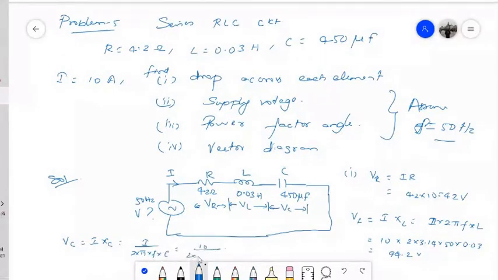This is 10 to 3.14 into 50 into C, where C is 450 microfarad, that is 450 into 10 to the power minus 6 farad. Now when you find this, you will get around 70.7 volt. So now we have arrived at the result of the first part. We have obtained the voltage drop across the resistance, across the inductor, and we have also obtained the voltage drop across the capacitor.